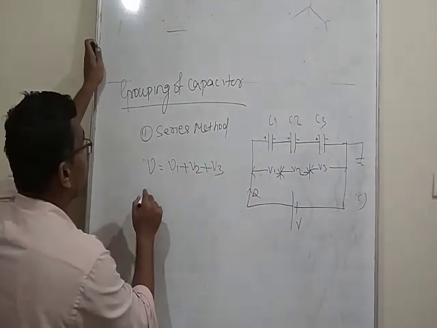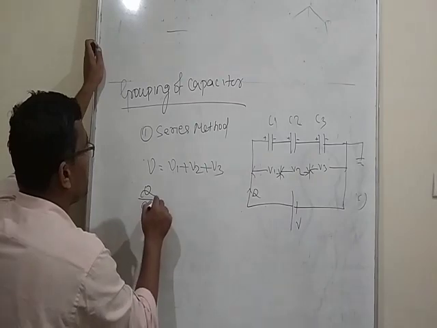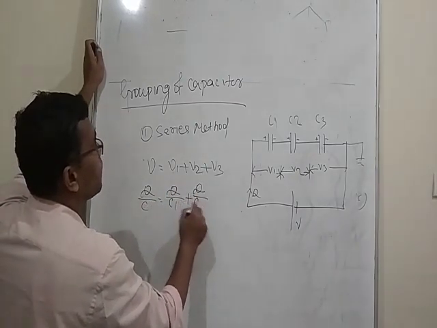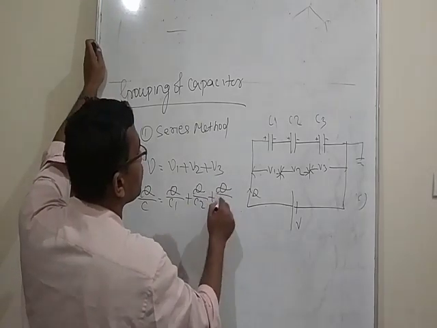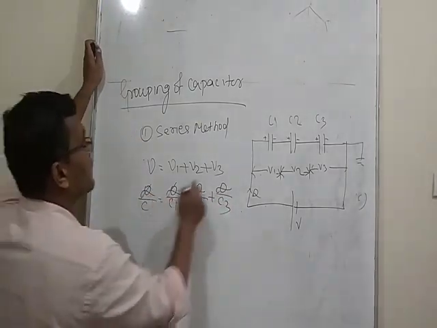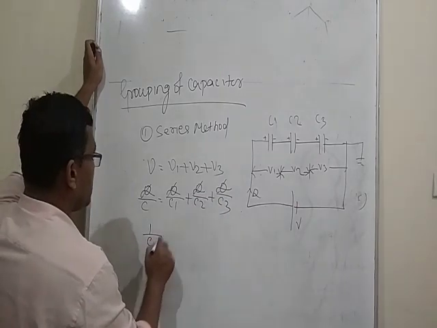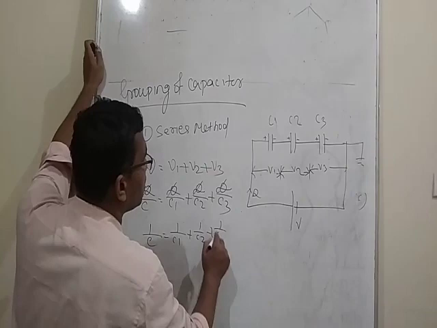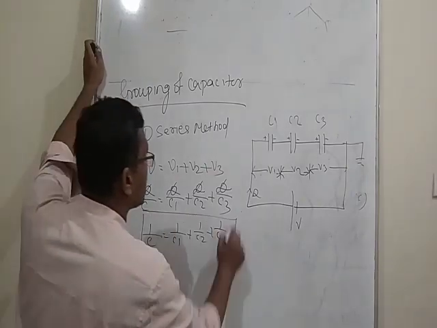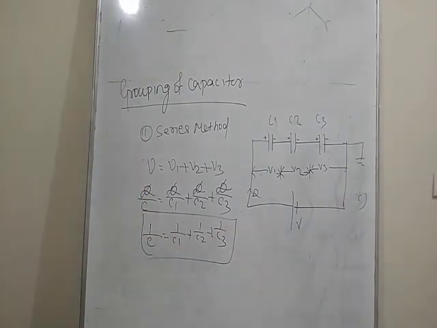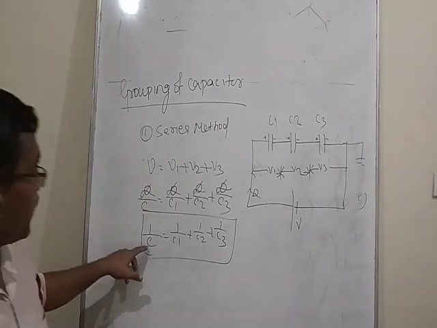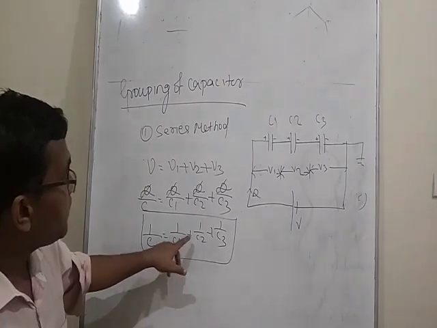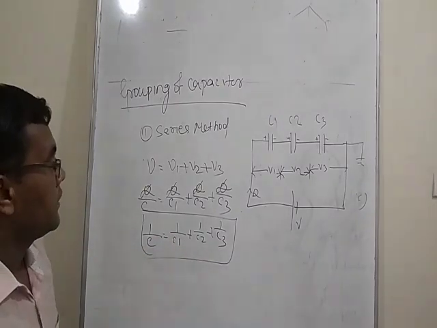V is equal to Q by C, so Q by C is equal to Q by C1 plus Q by C2 plus Q by C3. Cancelling Q, we get 1 by C is equal to 1 by C1 plus 1 by C2 plus 1 by C3. So the reciprocal of the total capacitance equals the algebraic sum of the individual reciprocal capacities.